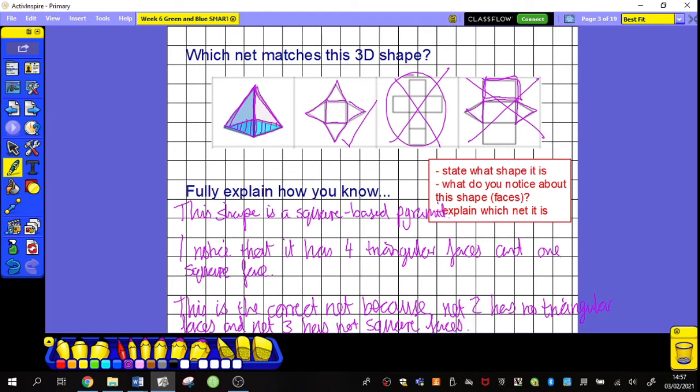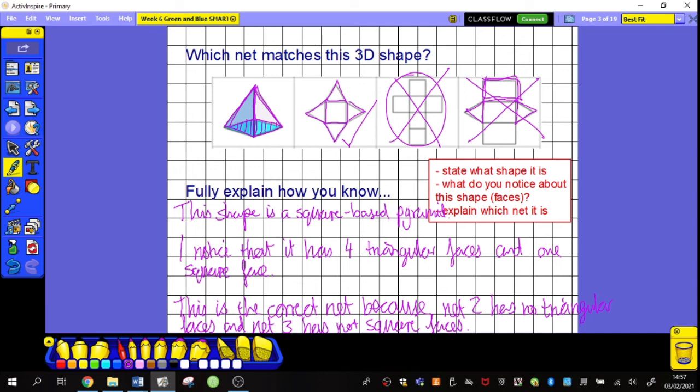And I could elaborate a little bit more on that, the fact that it has rectangular faces. There's 3 rectangular faces and I'm only looking for 1 square. I could elaborate and say that it only has 2 triangular faces and I'm looking for 4 triangular faces. I'll just run out of room. But that would be a good enough and long enough explanation to solve this problem.